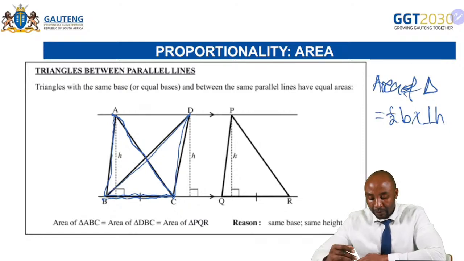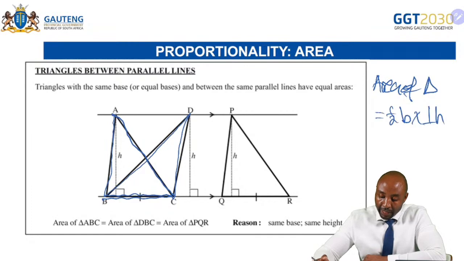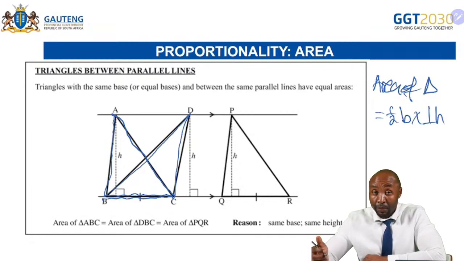Also, if you look at triangle PQR, the height is constructed inside the triangle, but you are also able to see that QR is equal to BC. The area of these triangles is going to be the same because QR is equal to BC. The base is equal in length, and because of the parallel lines, the height is going to be the same. And we use this concept when we are proving the theorem. Line drawn parallel to one side of the triangle divides the other two sides proportionally.